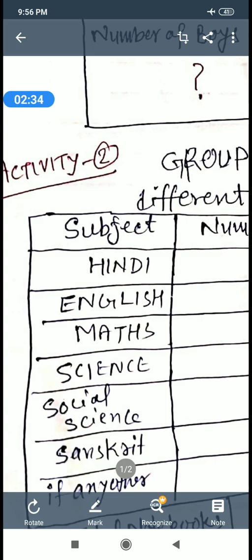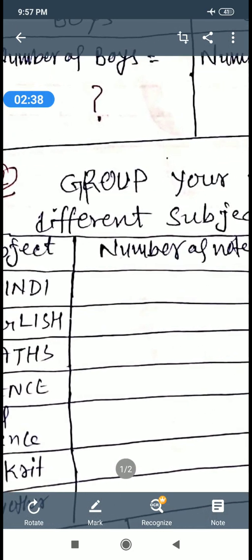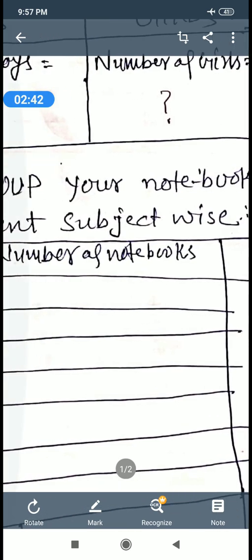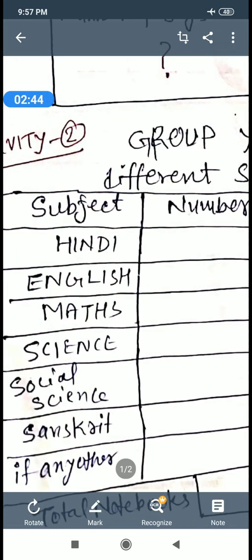Make the columns: first column subject, second column number of notebooks. Subjects are Hindi, English, maths, science, social science, Sanskrit, and last is any other, like art, SUPW, etc.